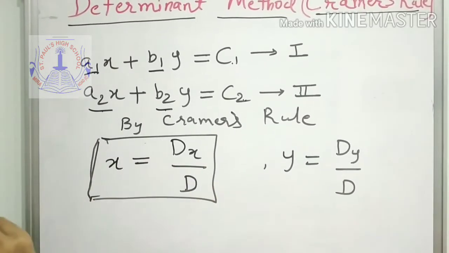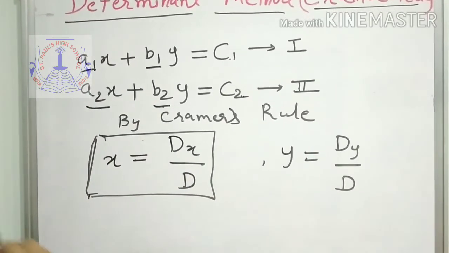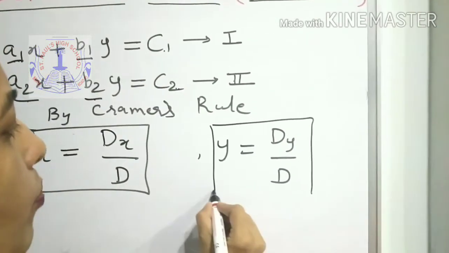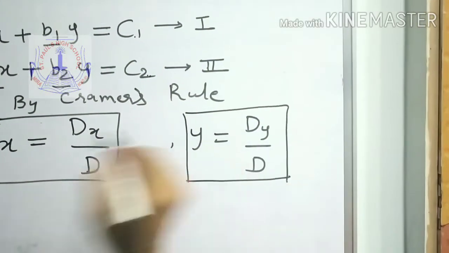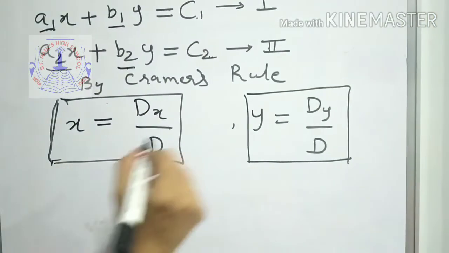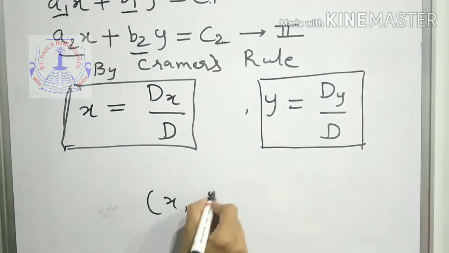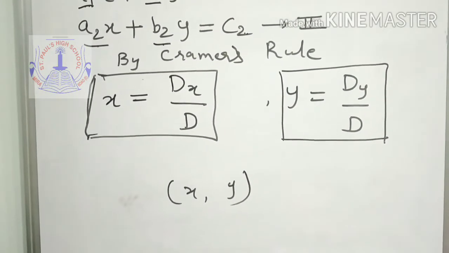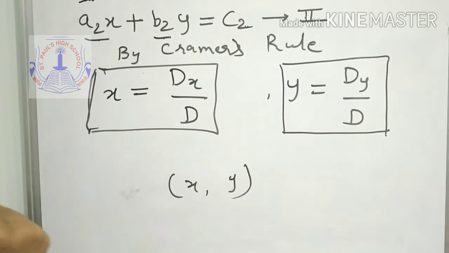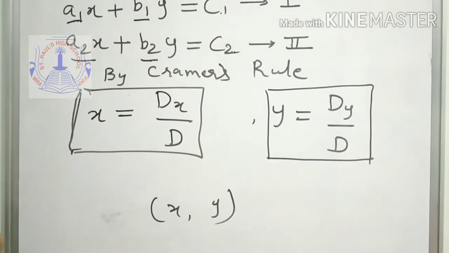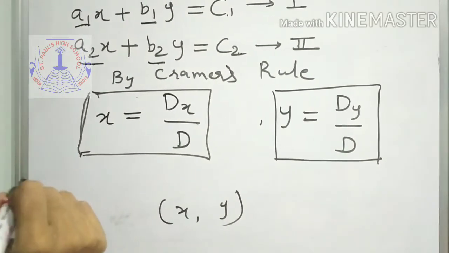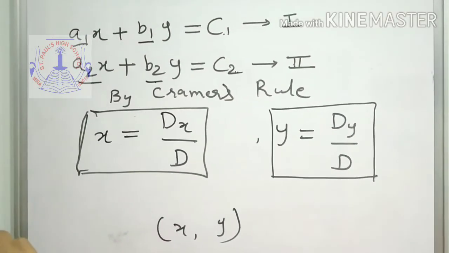We know how to find determinants d and dx. In the same way, y is equal to dy upon d. Whatever values of x and y you get are the solution of the given equations. So this is how to use Cramer's rule for solving simultaneous equations.